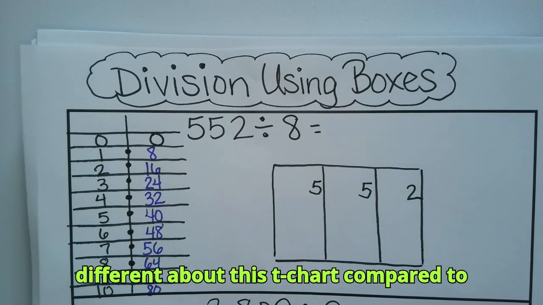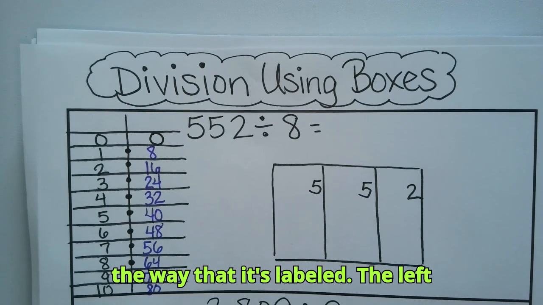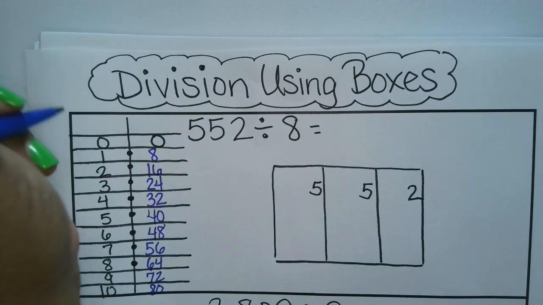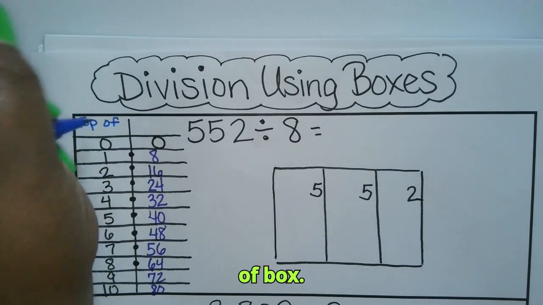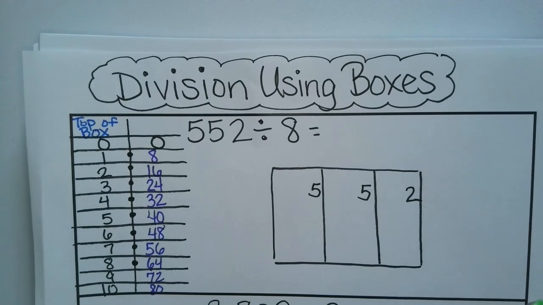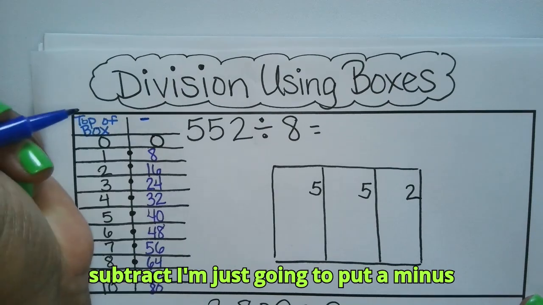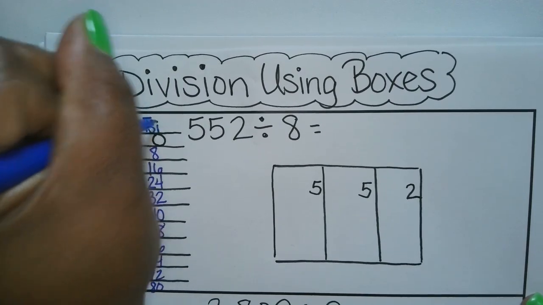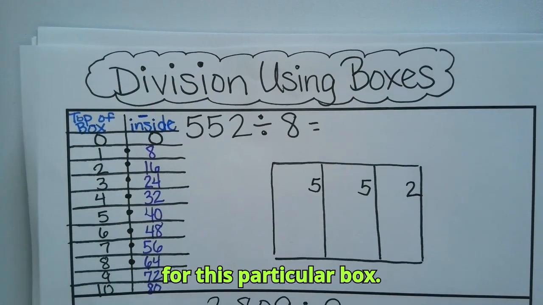Now, what's different about this T-chart compared to the ones that we make when we multiply is the way that it's labeled. The left side is going to be labeled top of box. The right side is going to be labeled subtract. I'm just going to put a minus sign and then put inside.